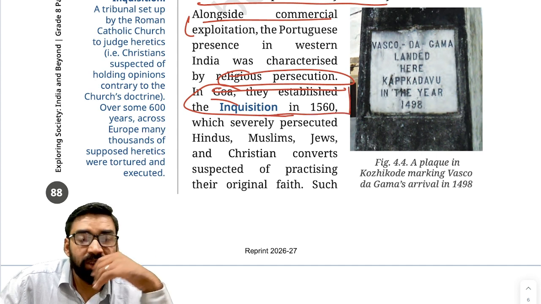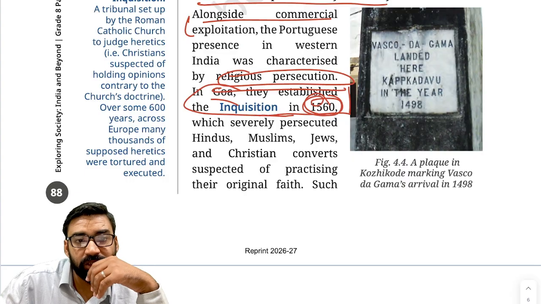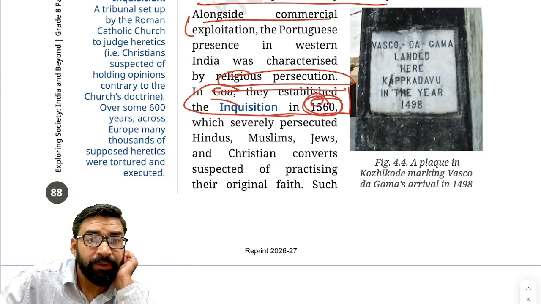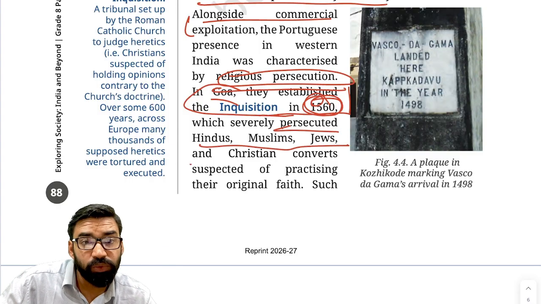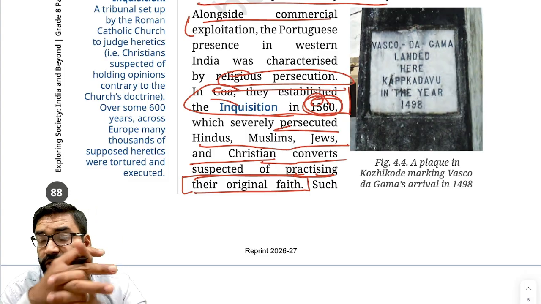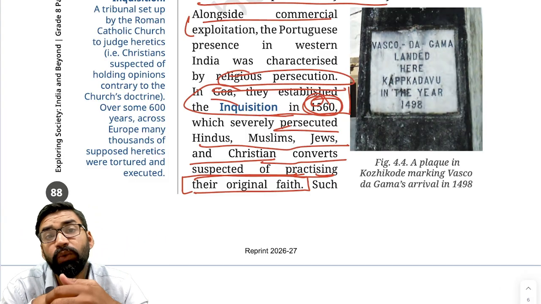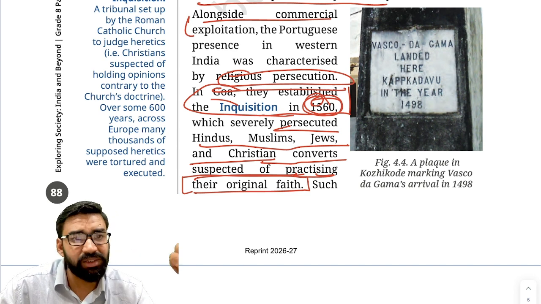From the 1560s onward, they started establishing their territories in Goa, in which they started persecuting the indigenous Hindus, Muslims, Jews, and Christian converts suspected of practicing their original faith. The Christian converts were also killed because they had a suspicion that they were actually practicing their original faith. This is something which is disastrous in nature.